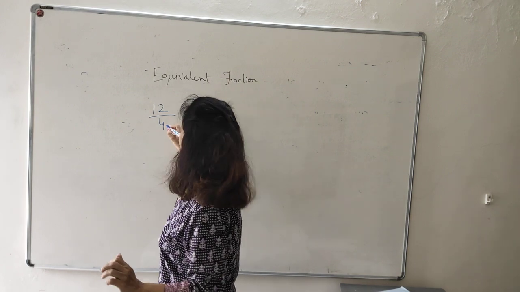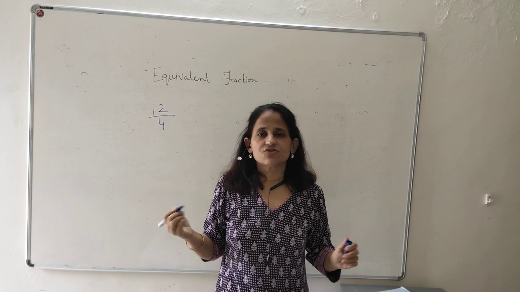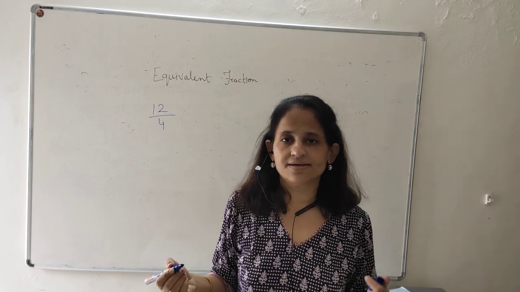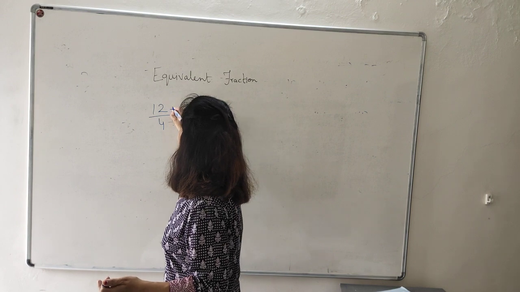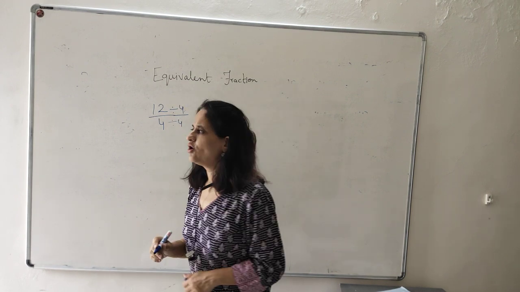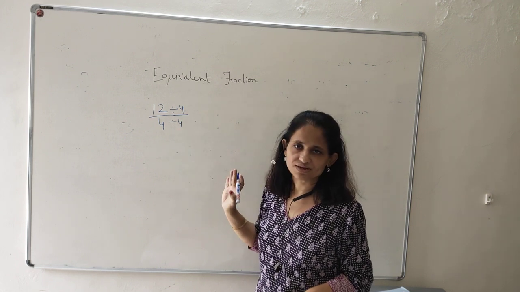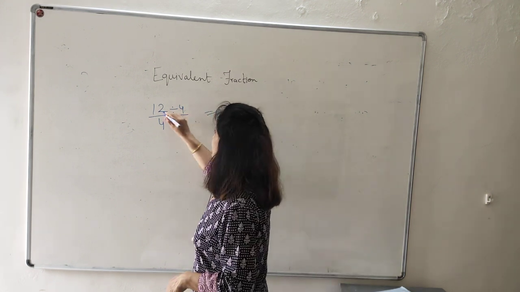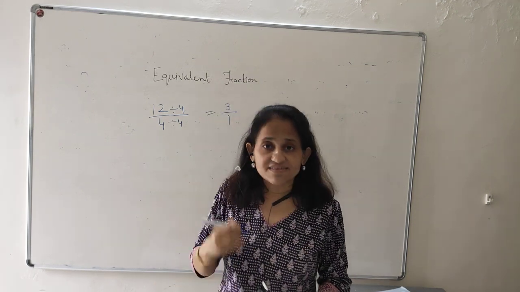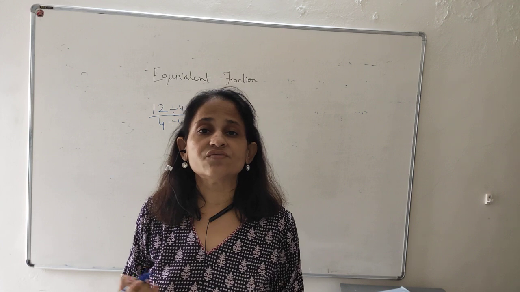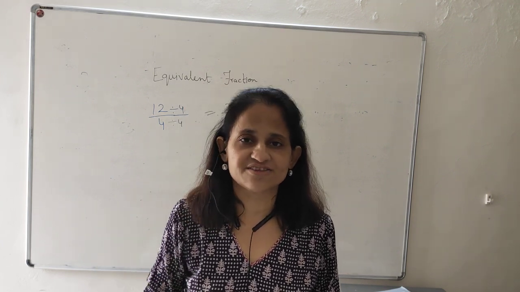I will find the common factor between 12 and 4. I'll say 4. So I divide the denominator by 4, I divide the numerator by 4. Whatever I am dividing the numerator by, the same number has to be used for the denominator. So I'll get 12 divided by 4 is 3, and 1. This is also called converting it into lowest term or the simplest form.